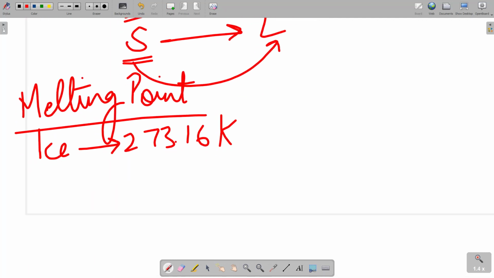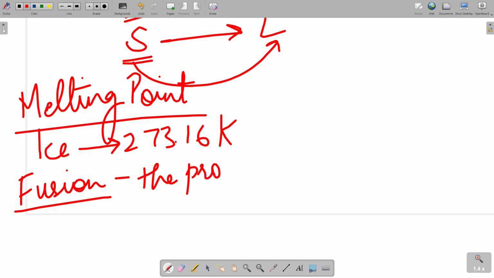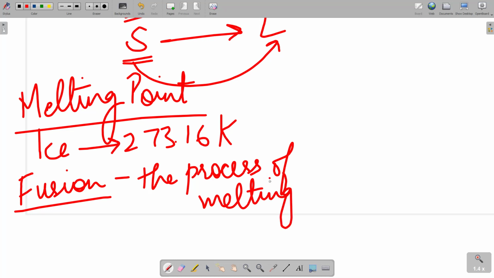When the solid is fusing or melting into liquid, this process is called fusion, the process of melting. The process of melting of a solid into liquid is called fusion.